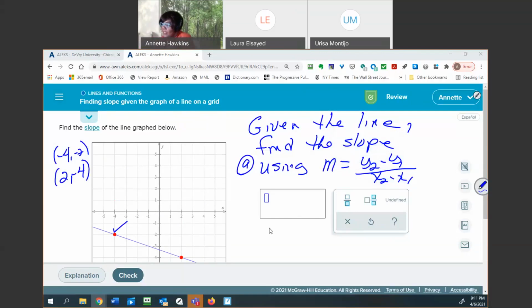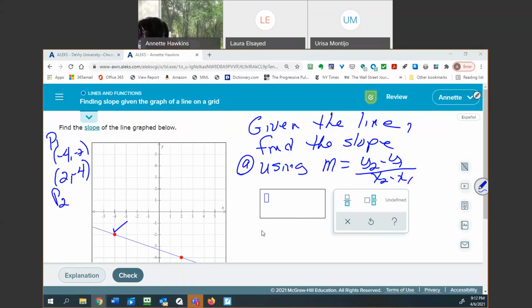Okay? Now, this 2, as I said, is a subscript. It comes from the y of point 2. This comes from the y of point 1. Well, the question is, what's point 1 and what's point 2? It doesn't matter. You just decide which point you want to be point 1 and which point you want to be point 2. Okay? All right, so I'm going to just call this point 1 since I found it first, and then this is point 2.